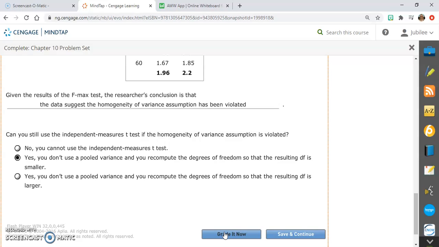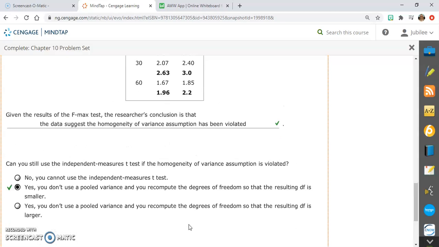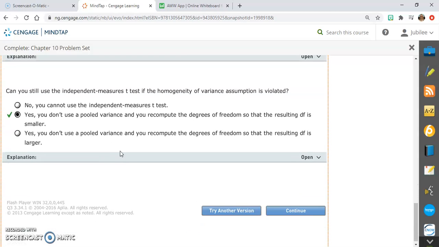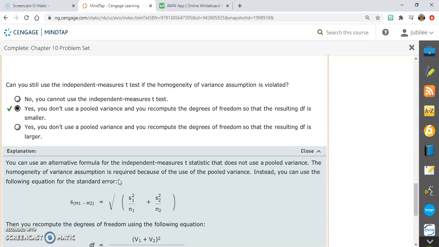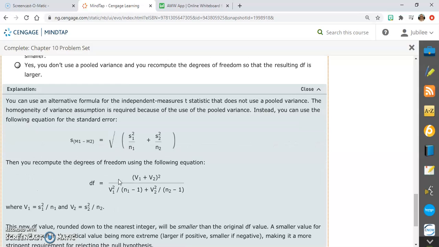I think that one's right. Let's find out. Right, so I want to use a smaller degrees of freedom so that there's less like movement or whatever.